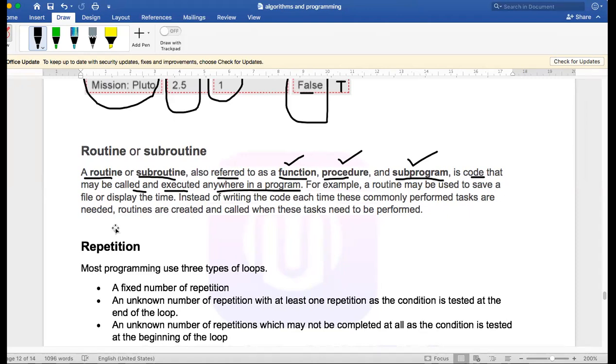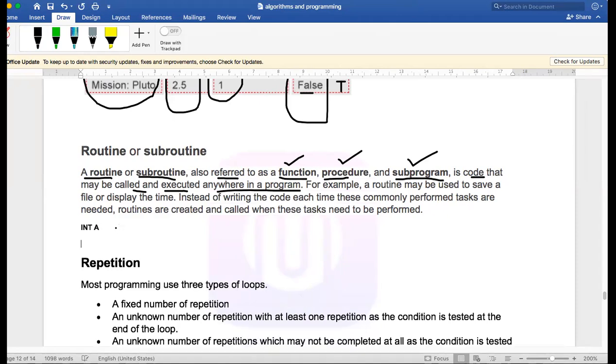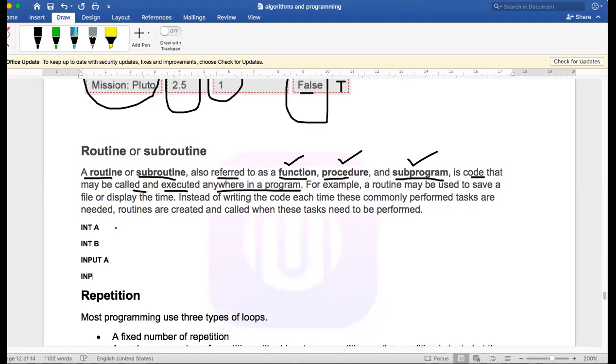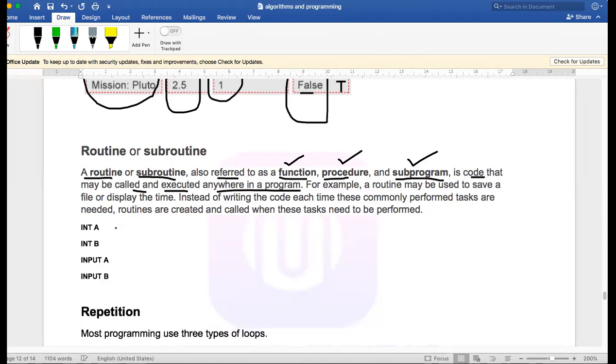Likewise, in my program, if I'm going to write: initialize A, initialize B, input A, input B, multiply is equal to A into B, then print multiply.